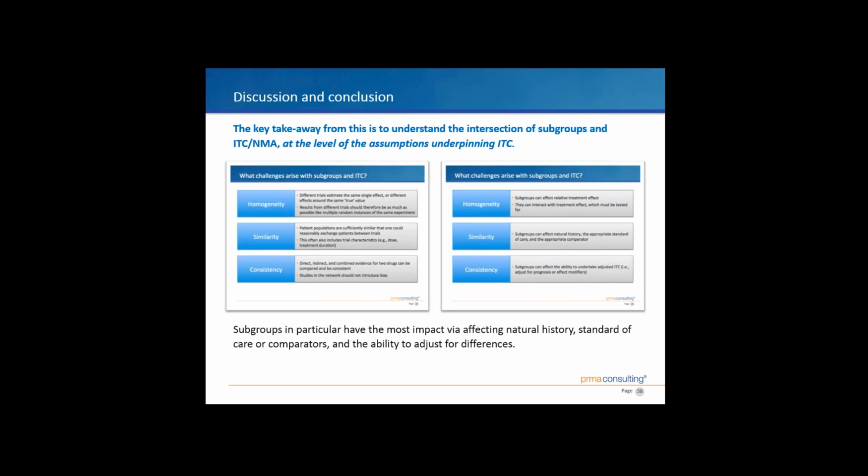What I want to come back to is a point that David had raised, which is what are our key takeaways this webinar, how do they correspond to the last one, with this idea that this is a very specific example of subgroup related problems. The key takeaway from this in and of itself is that you have to understand the intersection of subgroups and ITC at the level of the assumptions underpinning ITC.